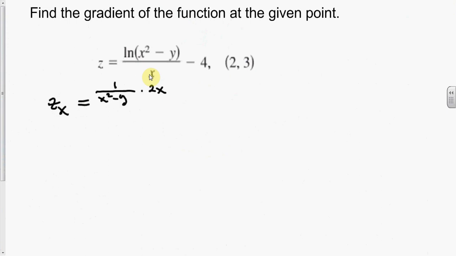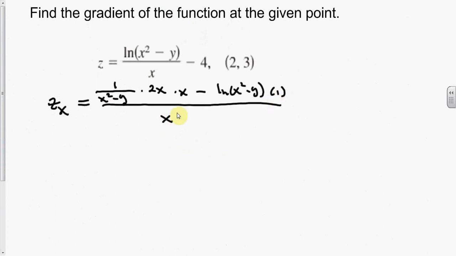So this is a quotient, so this becomes the derivative of the numerator times our denominator x, and then minus our numerator, the natural log of x squared minus y, times the derivative of our denominator, which is just 1, and this is all over our denominator squared.